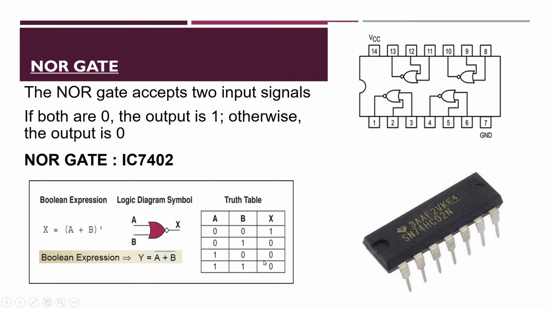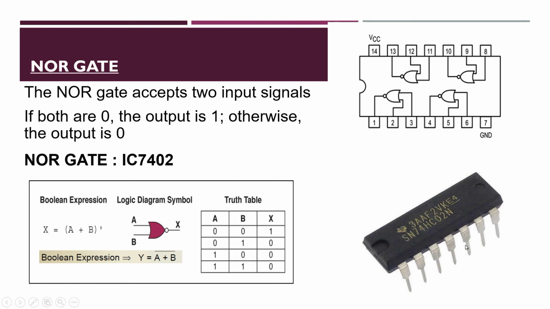And for the NOR gate, the IC number is 7402, which is visible over here also, 7402. In case of the NOR gate, there is a small change in the pin configuration. Till now what we have seen is 1 and 2 are the inputs and 3 is the output. Now it is something different.